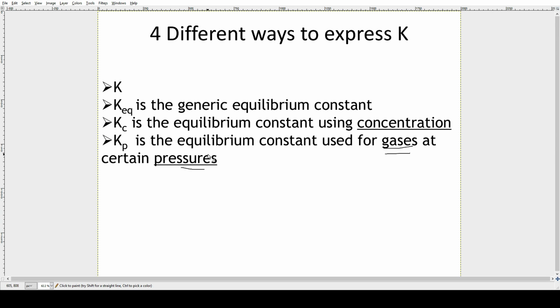So we're plugging pressures into the equilibrium formula. It's basically exactly the same thing, so it makes your lives easier. If you see K used, the problem either doesn't care if it's talking about concentration or pressure, or it will tell you, oh, this is talking about concentration or pressure.